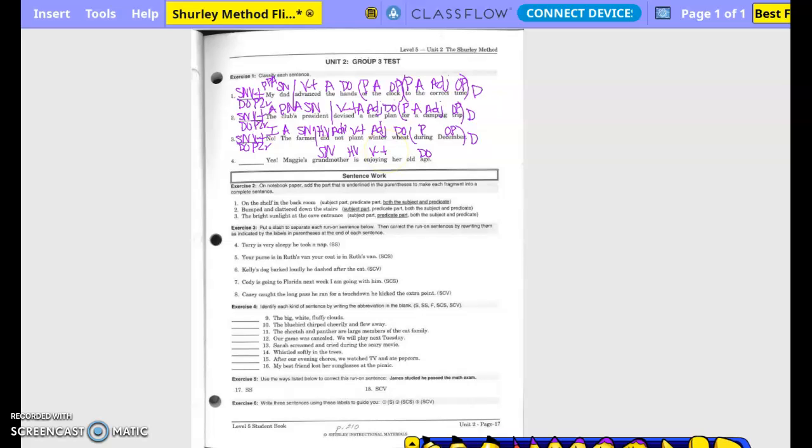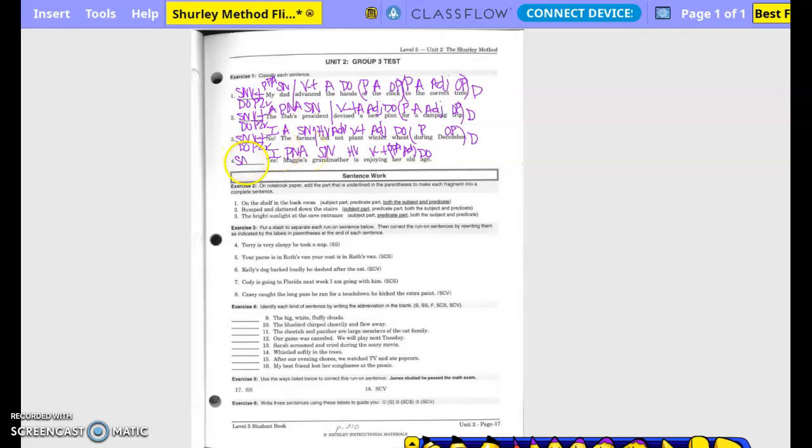What kind of age? Adjective. Whose age? PPA, possessive pronoun adjective. Whose grandmother? Possessive noun adjective because there's an apostrophe S, right? And then yes is an interjection.